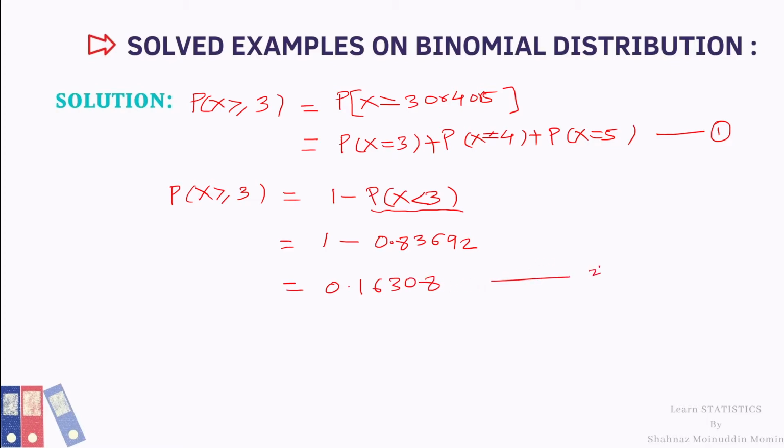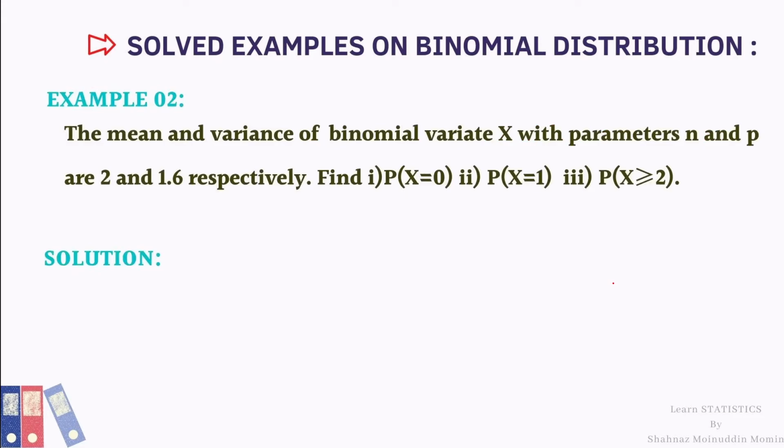This is another way to calculate the same probability. Students can take the first or second method, whichever is easier. As we have already calculated probability x less than 3, the second method is more convenient than the first. Now we shall move to the second example.